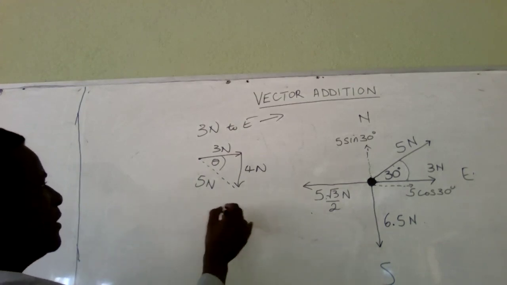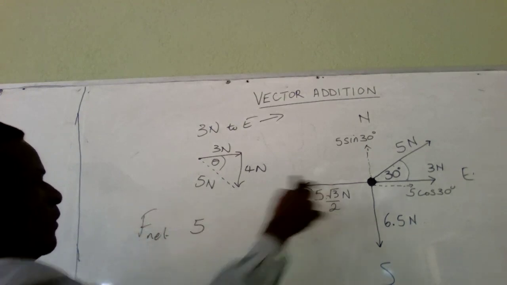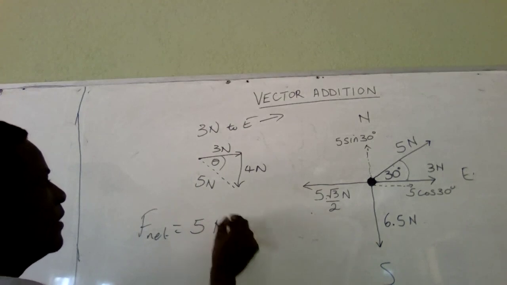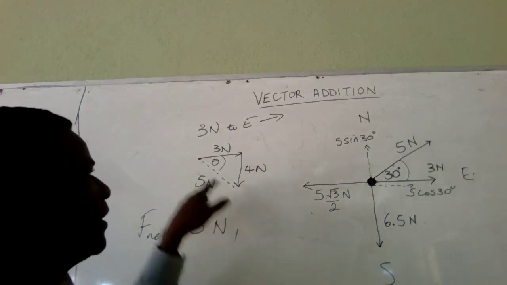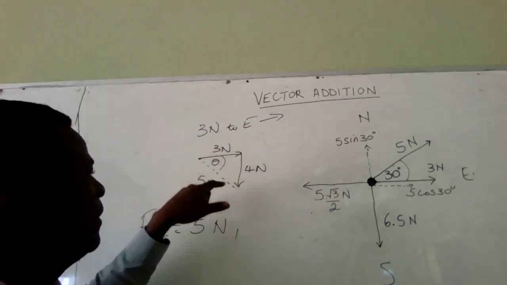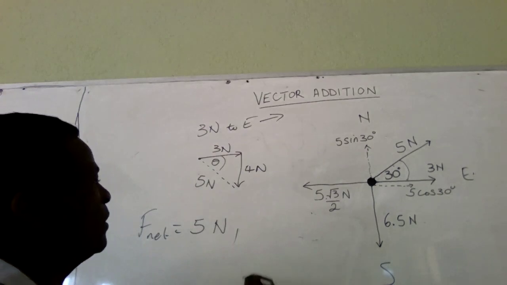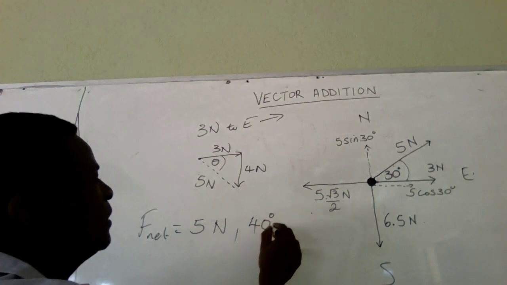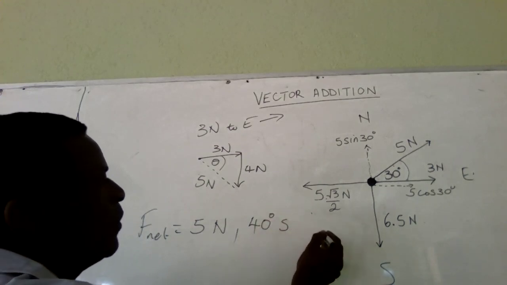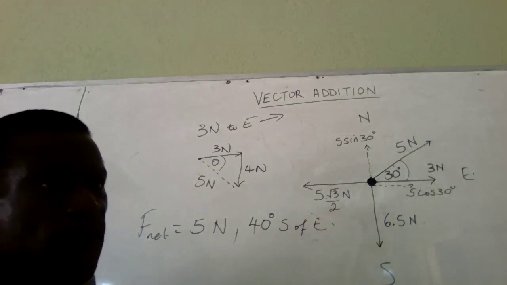Then your final answer would be resultant force or net force equals 5 newtons at an angle of, let's say, 40 degrees, acting in a direction of 40 degrees south of east. Or you can give it as a bearing.